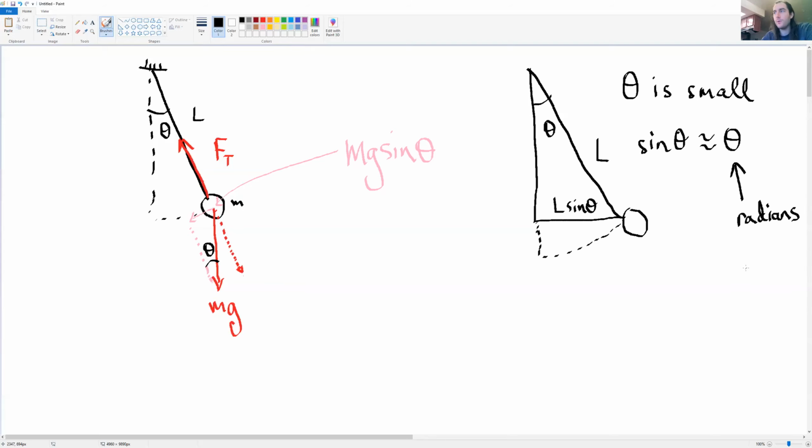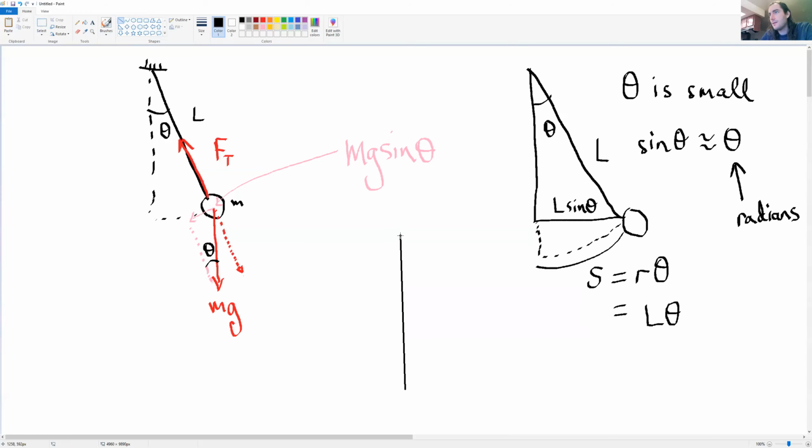Maybe graphically we can see this is true by recognizing that this length here is the arc length on a circle. It's a portion of the circumference of a circle. We'll call it S. And S is equal to the radius times the angle in radians. And in this case, that's L times theta. And if theta is really small, then we're looking at a triangle which looks like this.